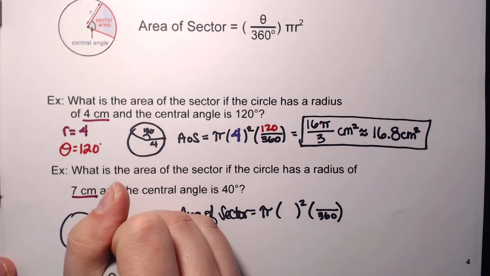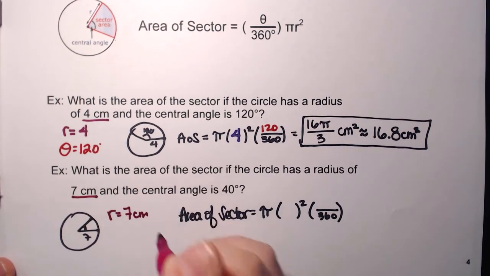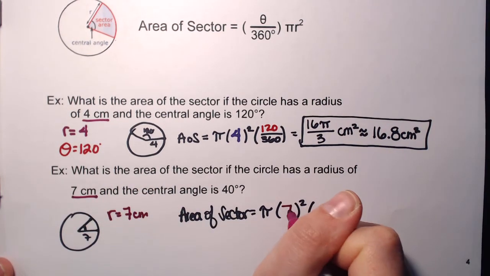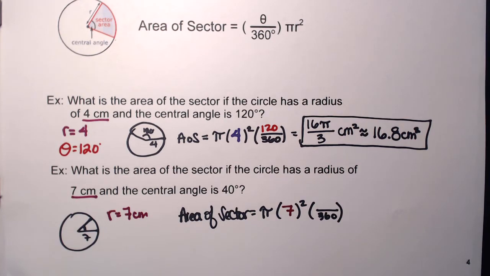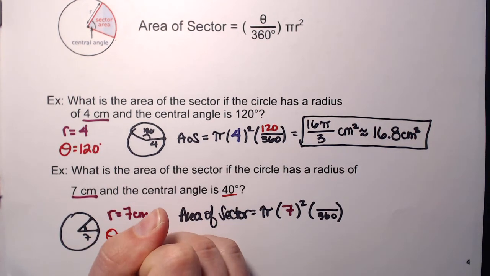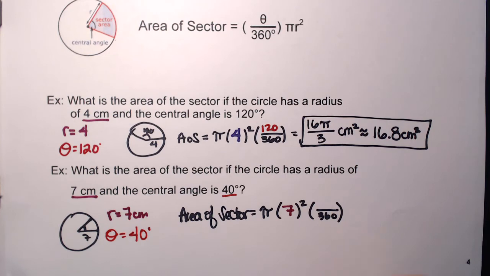Well, my radius is 7 centimeters, so that's what goes here. And then the angle is 40 degrees, so that goes here.